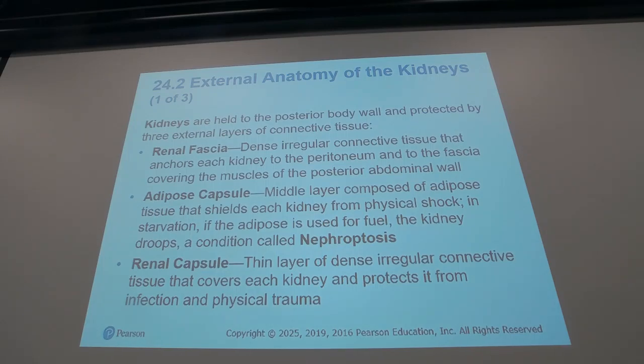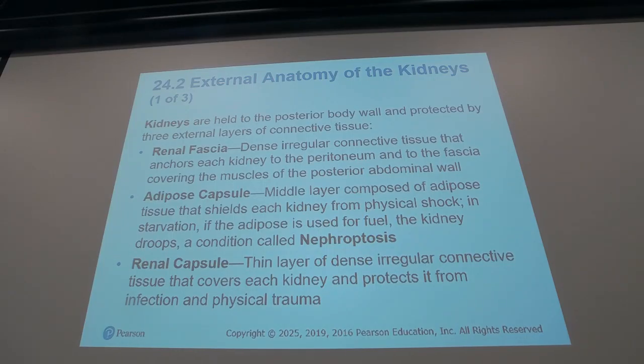For the anatomy of the kidneys, the kidneys are protected by two membranes, the renal fascia and the renal capsule, and by perirenal fat, so fat around the kidneys. The fat tissue is located between the renal fascia and the renal capsule.